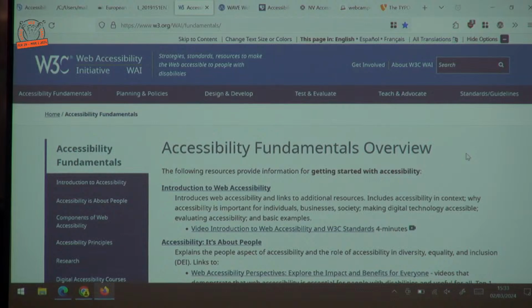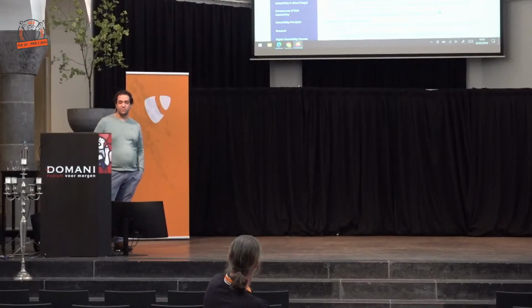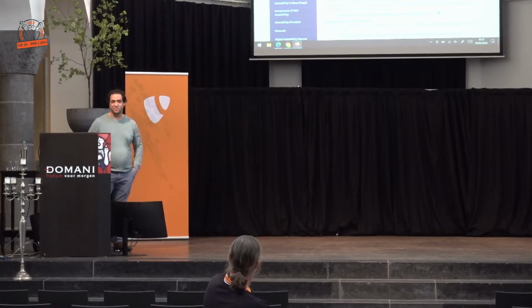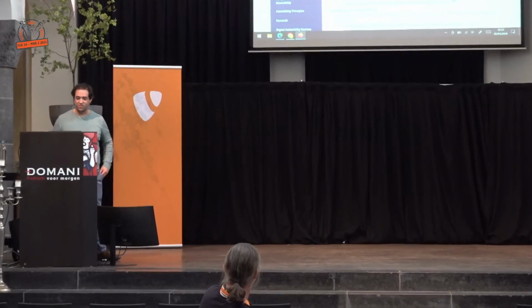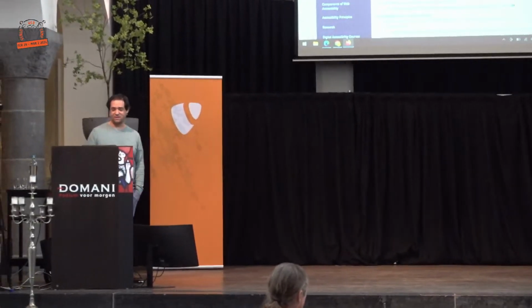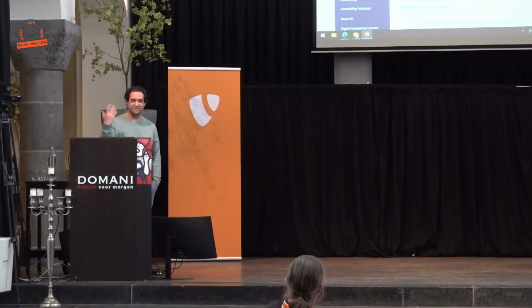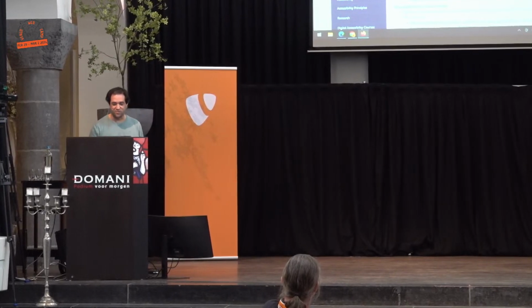National governments do their own implementations. Sometimes, like in Germany, they have the BITV. That is basically the WCAG guidelines, but in German law. So it's almost 100% the same, but Germany wanted to have their own thing.